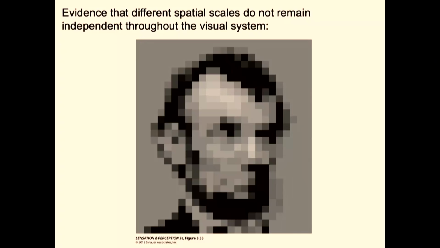And in this case, the incorrect high spatial frequencies are interfering with your ability to extract information from the low spatial frequencies. Okay. All right, so evidence that these different spatial scales don't remain independent all the way up through the visual system. Okay. Any questions about that?